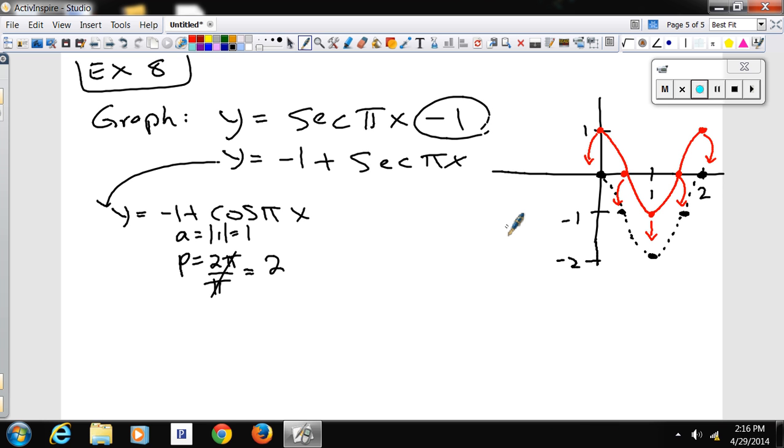Where would the dotted lines go? That's the key question. Is it going to go on the two maximums here on the dotted line? Is it going to go on these two middle ones? What do you think?